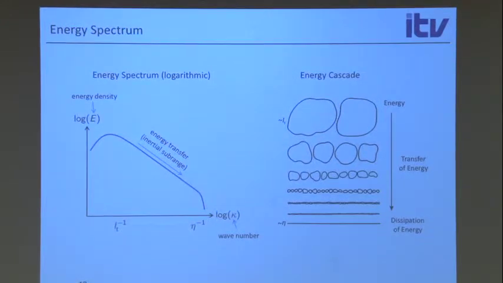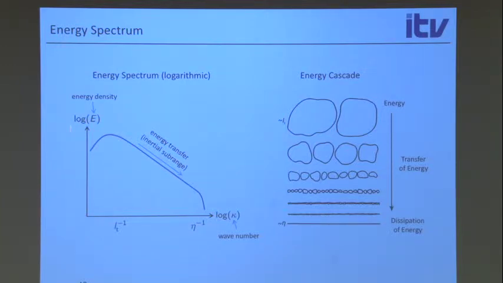Wave number is per meter, how many waves you have per meter. So small wave number means you don't have many. High wave number means you have very small scales, okay? So these are the large scales, these are the small scales.